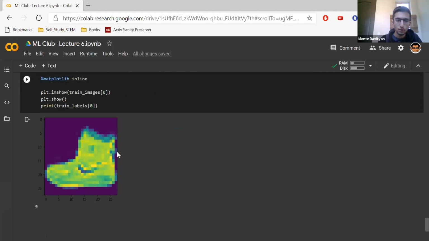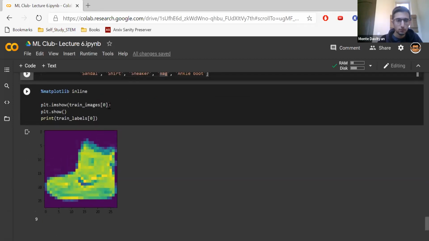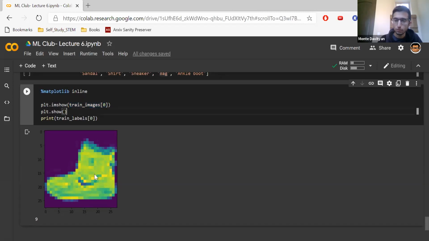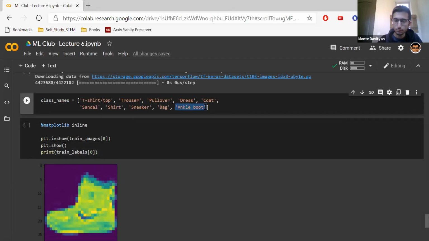And just to show you what it looks like, this is the first image in the training images, and it's a boot, you can see. It's this two-dimensional image, and the label corresponds to number 9. And the number 9 corresponds to this ankle boot.